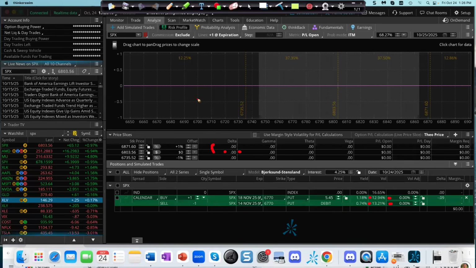In calendars, or any range bound trade, what's the most important thing by far, generally? Price. For range bound trades, I want it range bound in price. Number two, for calendars, is volatility. I generally want vols in the lower end of the range, looking for them to go up.